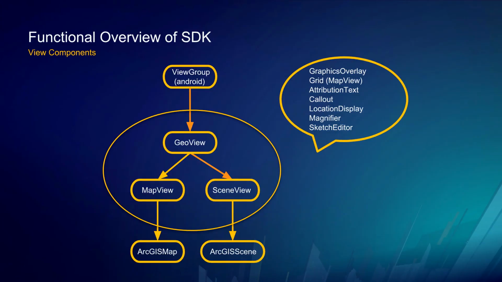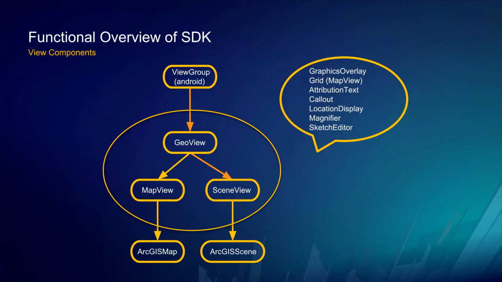For any SDK you obviously need some view components to see the map, and the key components here are the map view for 2D and scene view for 3D, and both of them are inherited from GeoView, which is the base class, and most of the methods in those classes are inherited from it. GeoView in turn is an extension of the view group that comes from the Android SDK.